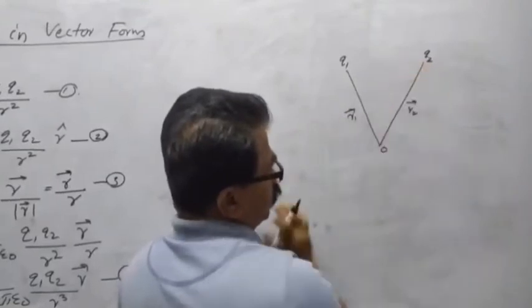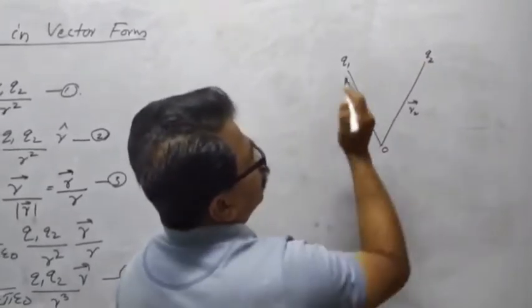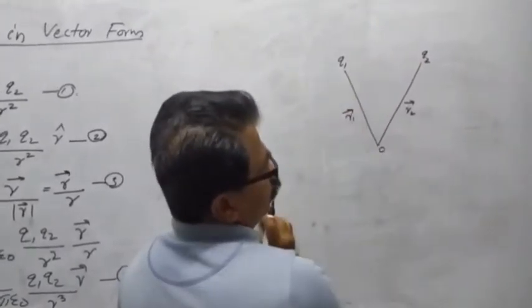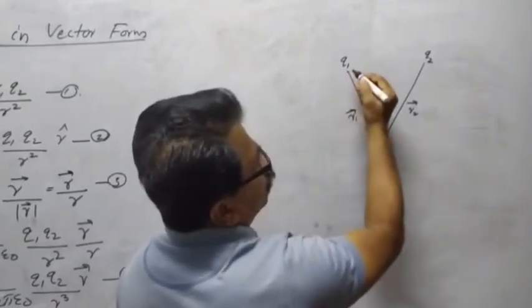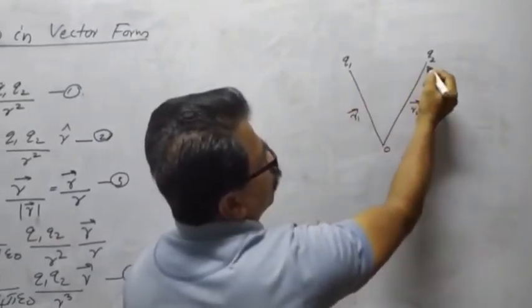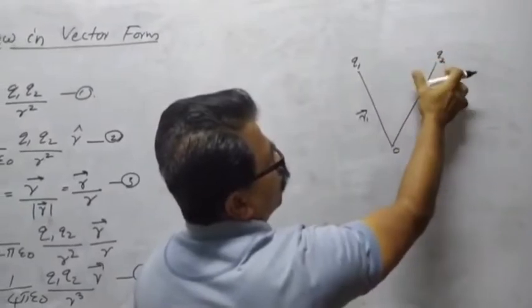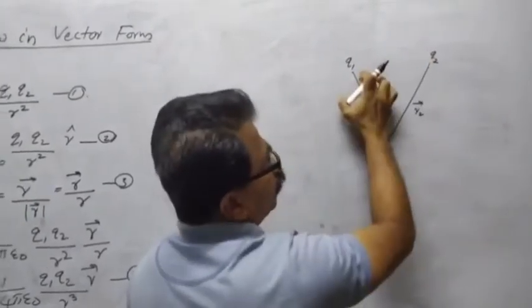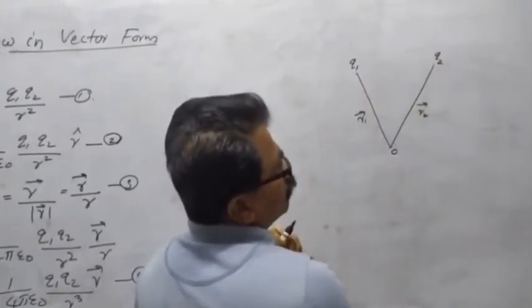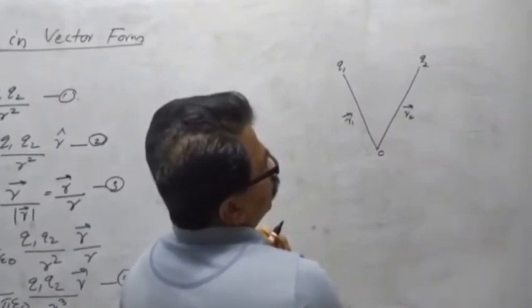For example, if the two charges are positive, then the charges will exert a force of repulsion, because q1 and q2 are both positive charges.